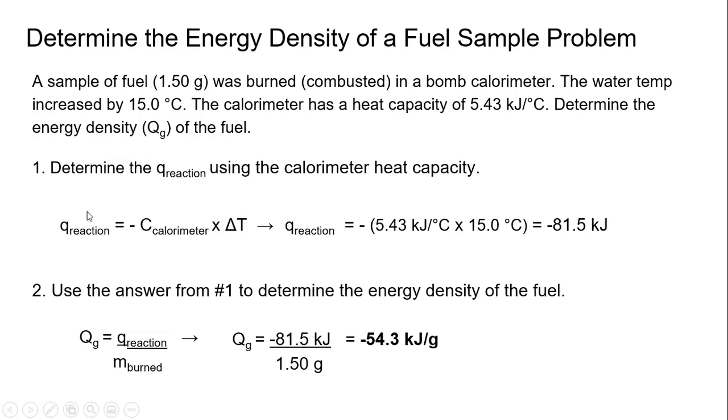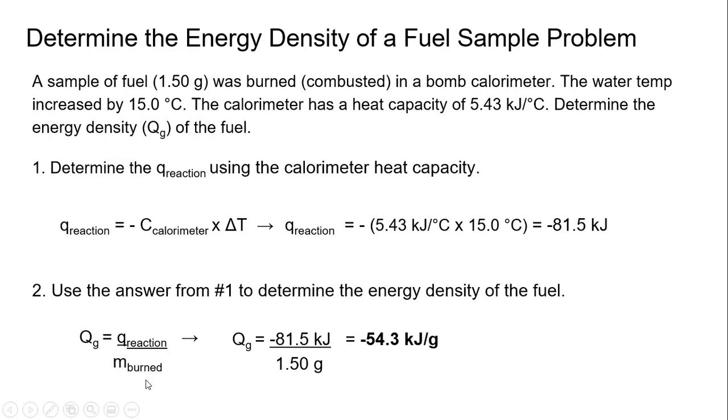So the first part is you need to know the Q of the calorimeter. So you have the heat capacity, you're given the temperature. So you just plug these in and you get Q, which is negative 81.5 kilojoules. You're going to take this answer and now you're going to determine the energy density. In your PDF, there's two formulas in order to solve this.